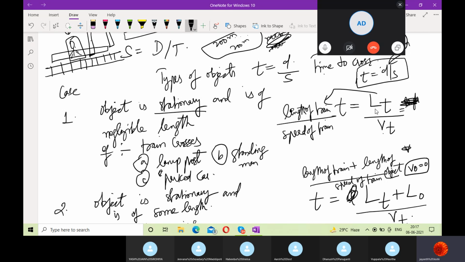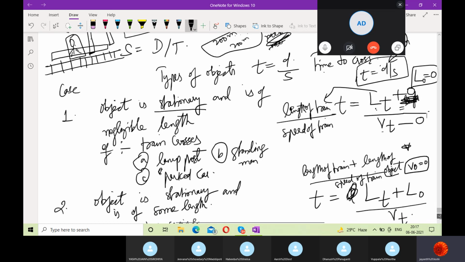Length of the object is 0, because it is an object which is first of all stationary but having negligible length. So length of the train plus length of the object, which is 0, divided by speed of the train minus speed of the object, which is also 0 because it is a stationary object. So first formula is clear.